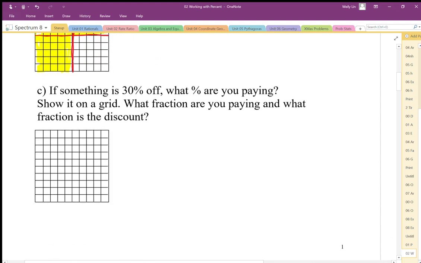So here, if we have 30% off, what percent are we paying? Well, the 30% off we can represent as these 3 bars. Okay, we can say that that's 30 out of 100. And that's what we're not paying. So the part that we actually do pay is going to be represented by these 70 squares, or 70 out of 100.